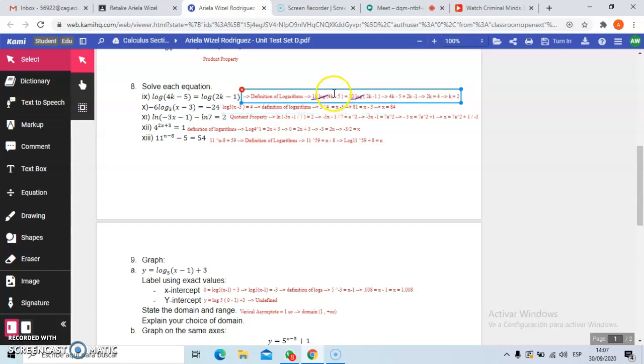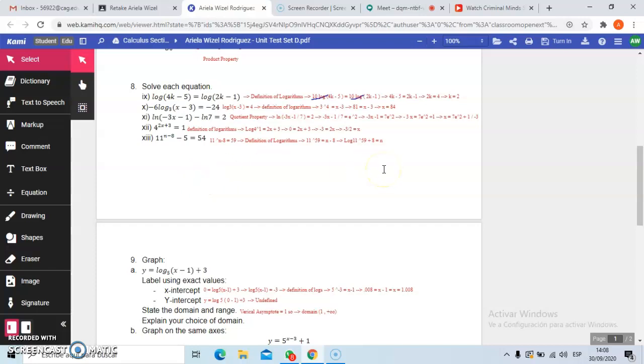So I'm left with 4k minus 5 is equal to 2k minus 1. Now I combine like terms and I know that 4k minus 2k is 2k and negative 1 plus 5 is 4. And I have to solve for k. So I divide by 2 on both sides and I am left with 2. So k is equal to 2.